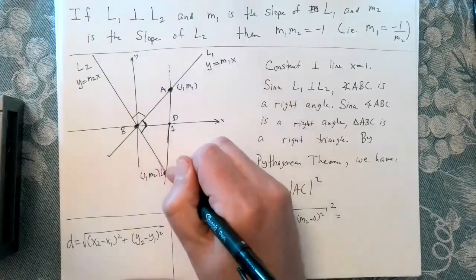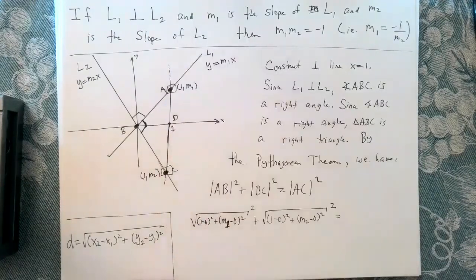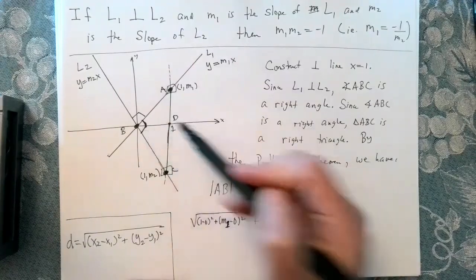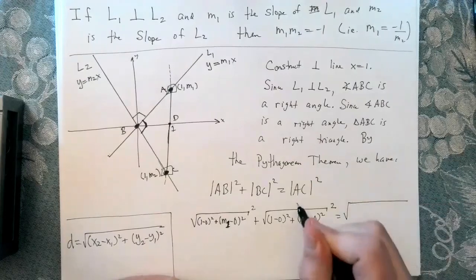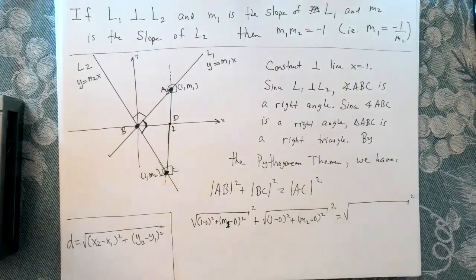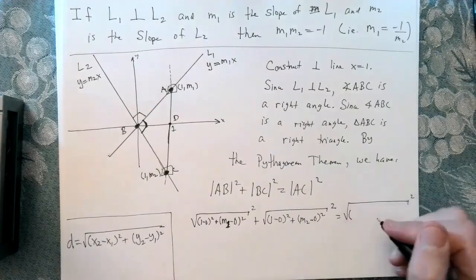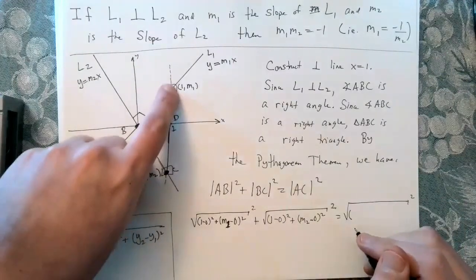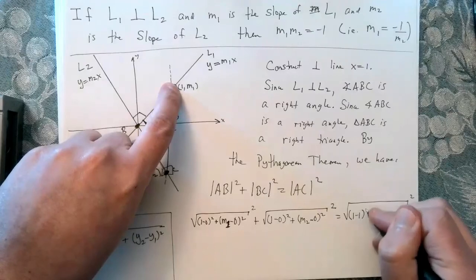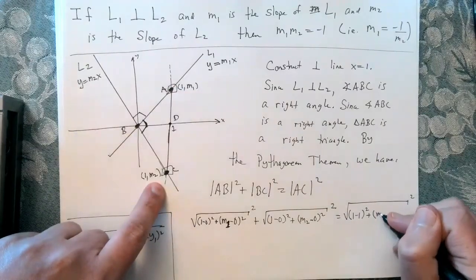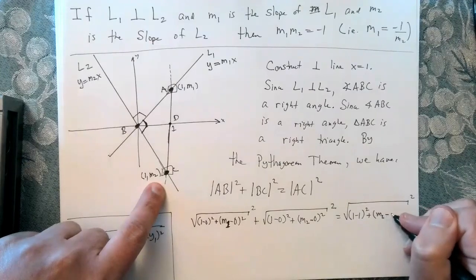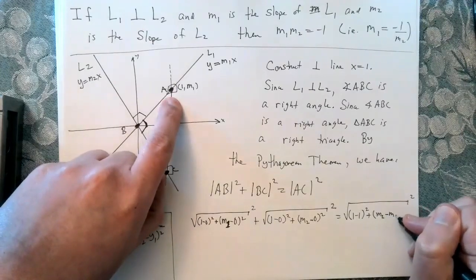So I'm going to use this point and this point. That's the hypotenuse, right? So opposite the right angle. Okay, so I need the length or the distance squared. Okay, so let's see what we have here. So x2 minus x1 squared plus y2 minus y1 squared.